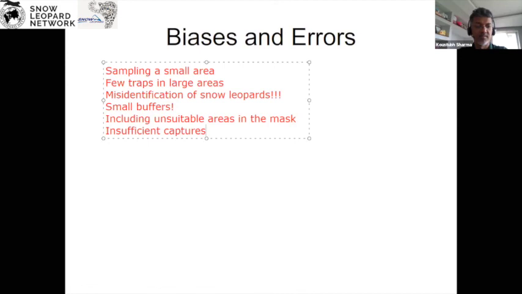Insufficient capture can definitely lead to a bias. But what do you mean insufficient capture? Not getting enough snow leopards on camera traps? Ah, you're saying not getting enough captures should not be a bias.